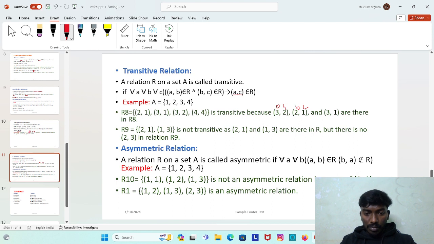Here 1 comma 2 and 1 comma 3 are present, and there is no b comma a for them, but because of 1 comma 1 this is not called an asymmetric relation.